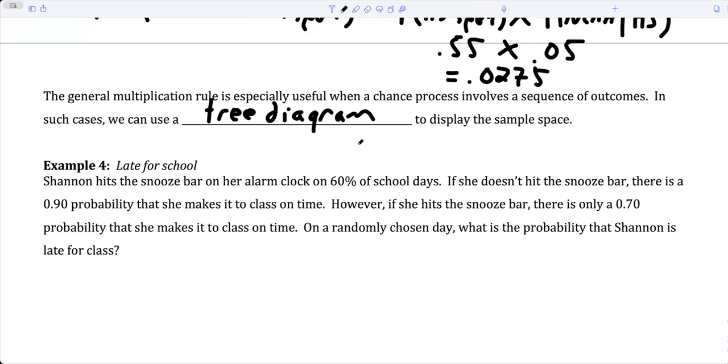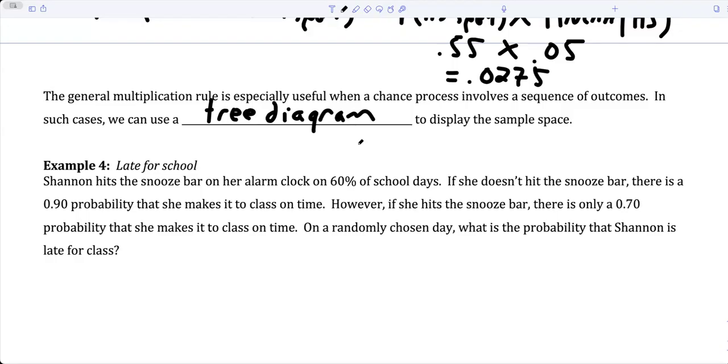So Shannon hits the snooze bar on her alarm clock on 60% of school days. If she does not hit the snooze bar, there is a 90% probability that she makes it to class on time. However, if she hits the snooze bar, there's only a 70% probability that she makes it to class on time.